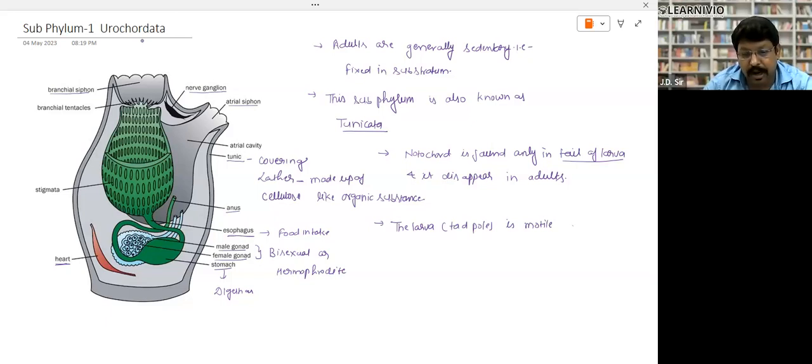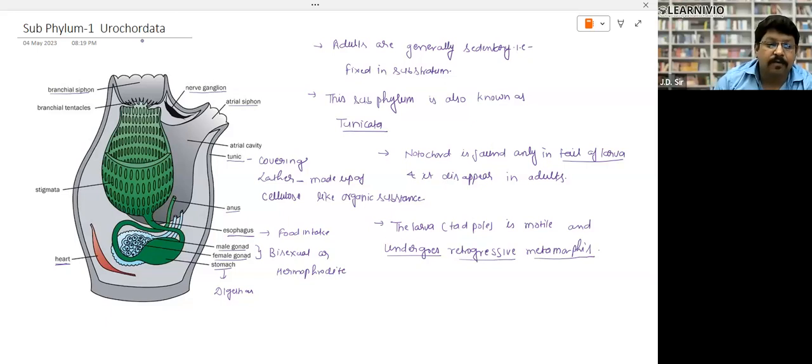Motile and undergoes retrogressive metamorphosis. Backward. What is that? It means the adult is less advanced while the larva or young one is more advanced, right?